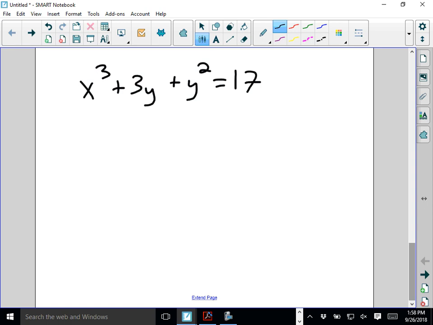I don't really know what this looks like. All right, we can go on Desmos. I might show you in our next video what some of these curves look like. You can go on Desmos and figure out what it looks like. Oftentimes they're kind of cool looking. But what I want to do here is simply find dy dx.